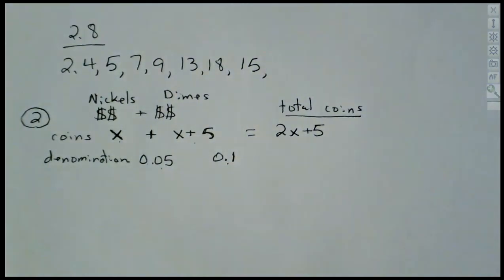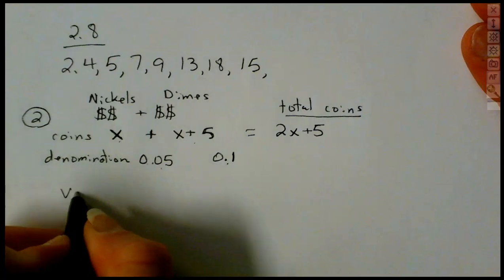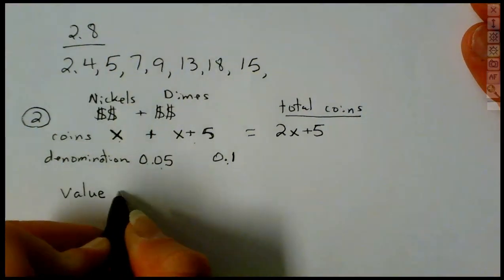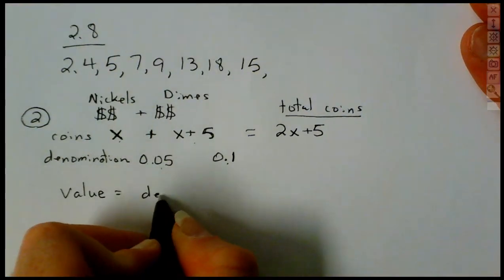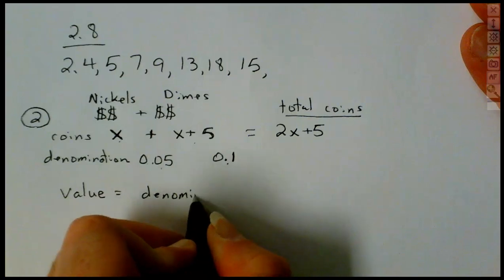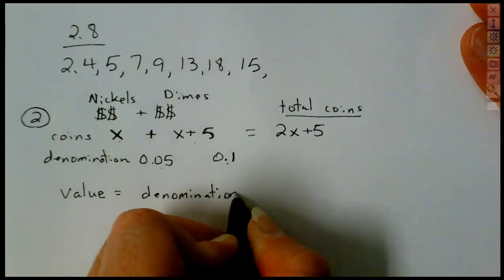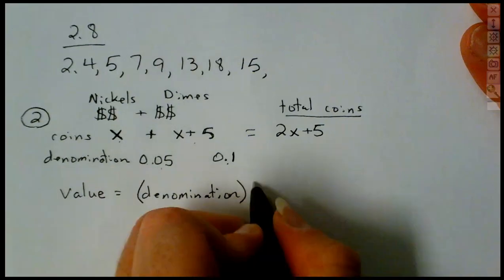You might have 10 dimes, and that's worth $1. The dollar is the value, the 10 dimes, the 10 is the number of coins. So now we're at this step. Now we're going to look at the value of each one. And your value is going to be the denomination times the number of coins.